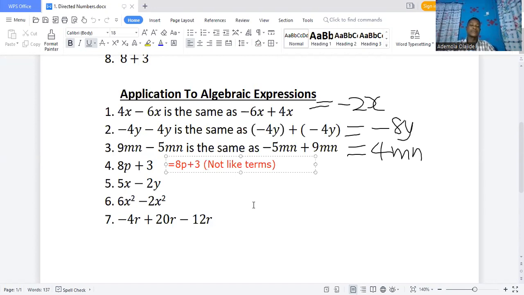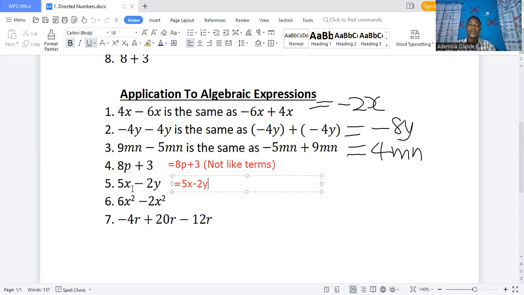Then we have 5x minus 2y. Just like what we have under number 4, it's still the same. It will still be 5x minus 2y. Why? Because the two letters are not the same. If the two letters are not the same, you cannot add them, neither can you subtract them.